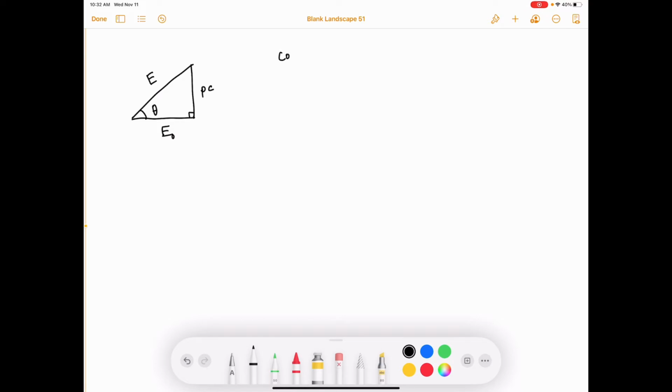Okay, so if we take the cosine of the angle theta in this triangle, that would be the adjacent side divided by the hypotenuse, which would be E naught, the rest energy, divided by E, which is the total energy. But remember, the rest energy E naught, which is on top, is just equal to MC squared, whereas the total energy is given by gamma times MC squared.